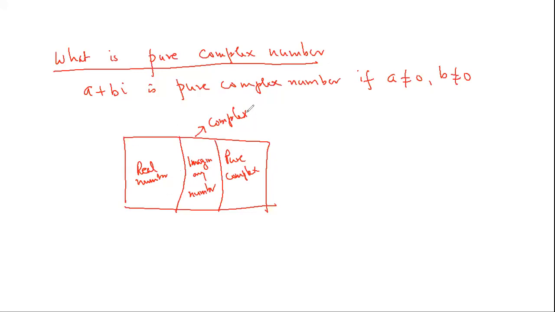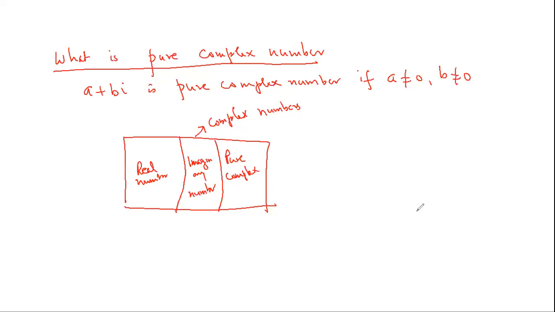These 3 together are known as the whole set of complex numbers. I hope you understood this much. Yes or no? Okay.